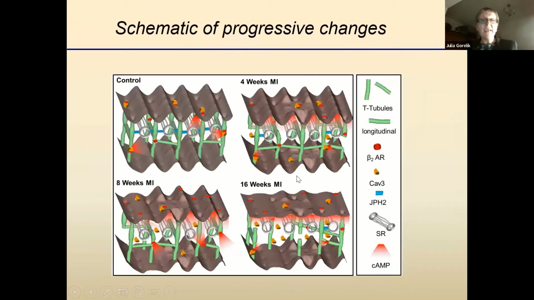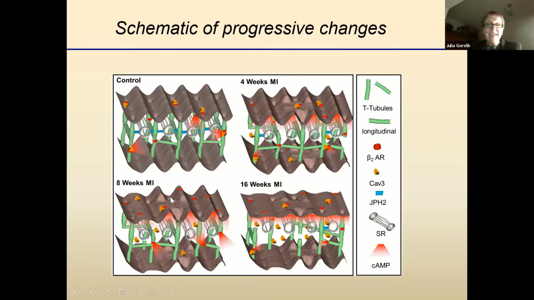Here we have a schematic of the changes during myocardial infarction. Already at 4 weeks, we have a lot of axial tubules and longitudinal elements in cardiomyocytes, but caveolin-3 and beta-2 are still in the T-tubules, and caveolin-3 is mostly in the membrane.